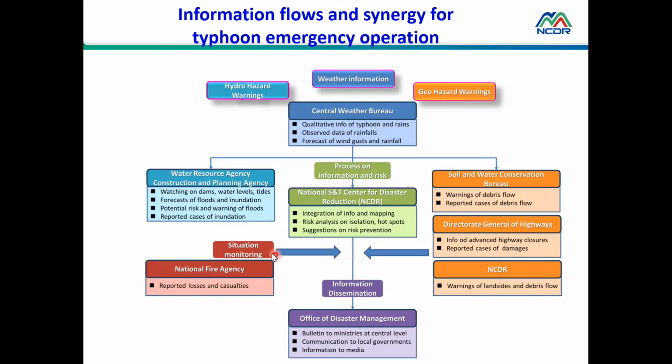Most important, when we receive information, we will combine them together. And the National Fire Agency will report some case losses. When we collect all information, we give it to the Office of Disaster Management to make an official announcement to the general public or to local government.